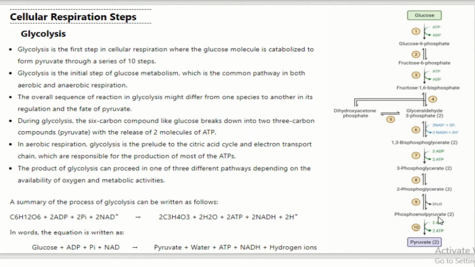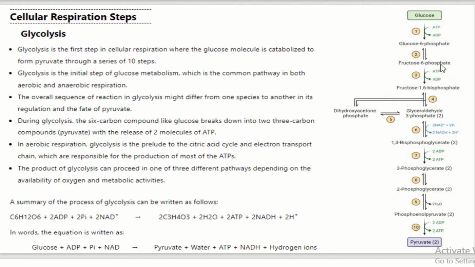Let's look at the steps involved in glycolysis. Number one is glucose. One phosphate molecule will be released to form ADP and it will become glucose 6-phosphate.